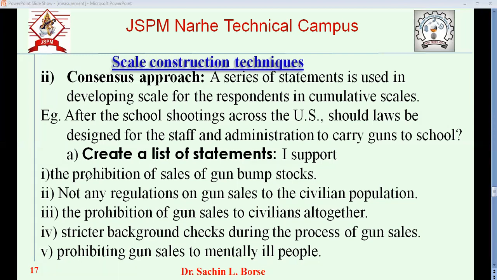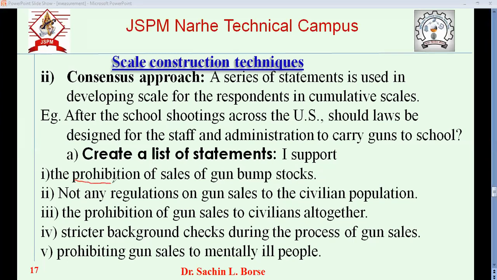Because it is easily available. Like in India, we need to have a license to purchase a weapon. So we cannot easily bear a weapon like a gun, so we need the license. But in the United States, it is very easy for a person to bear a gun.